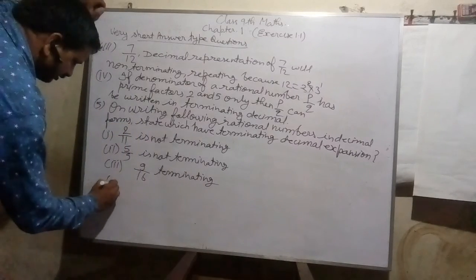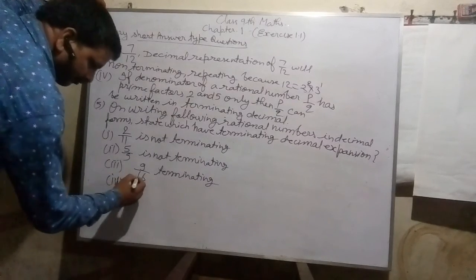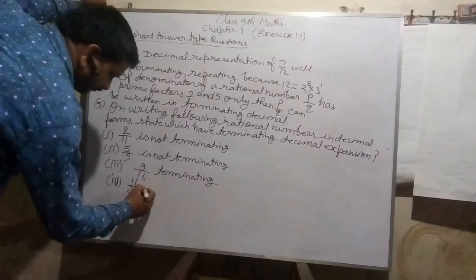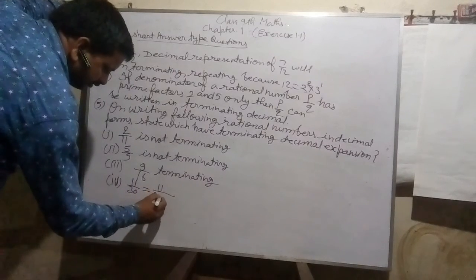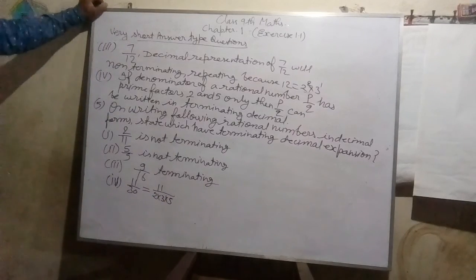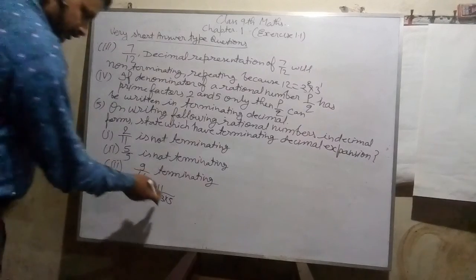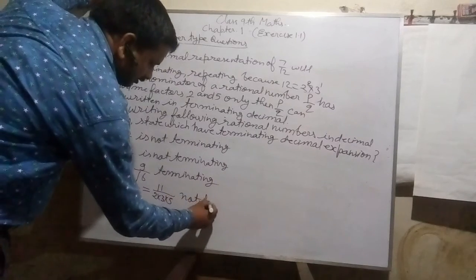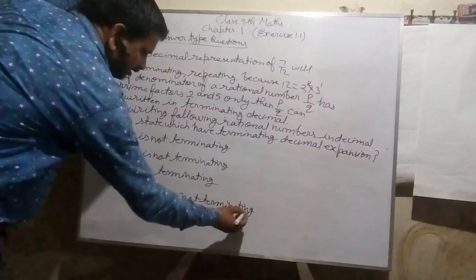And fourth part, 11 by 30 equal to 11 upon 2 into 3 into 5. 30 contains 3 as a prime factor also. So not a terminating decimal expansion.